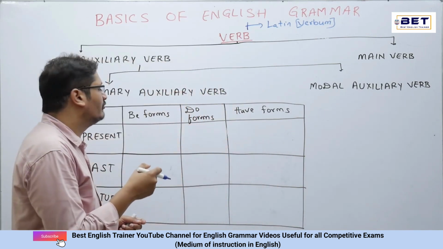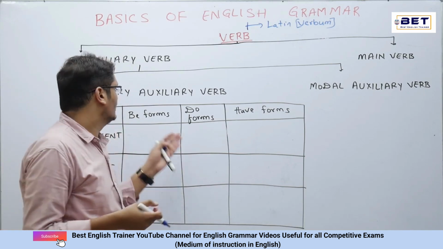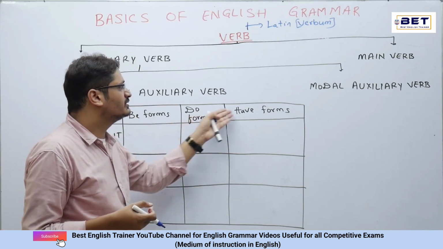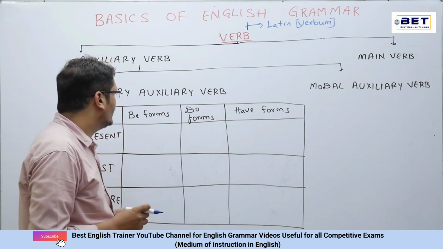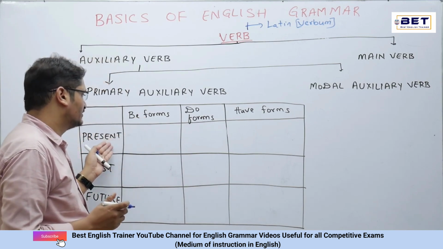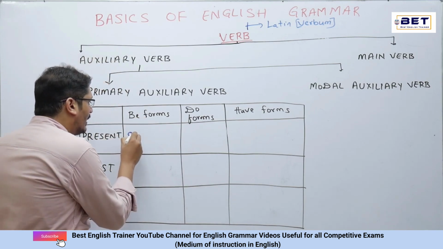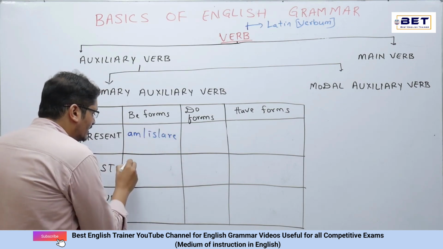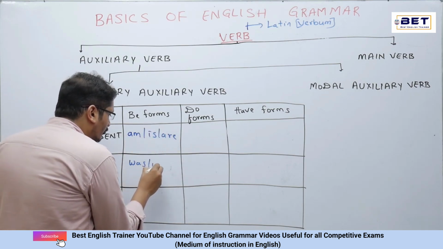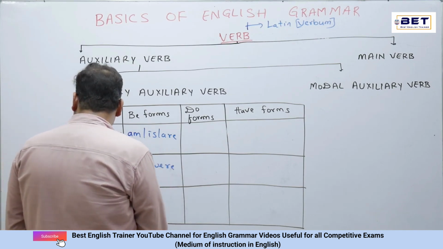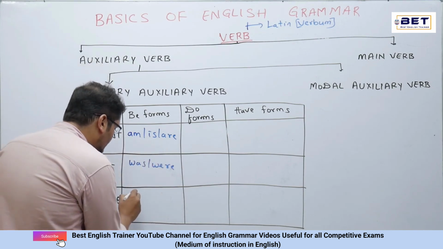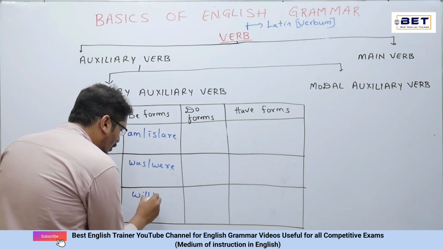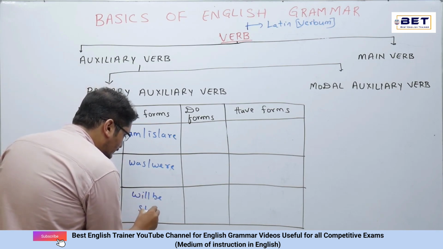This primary auxiliary verb is again divided into be forms, do forms, and have forms. Let's look into the be forms in the present tense. That's altogether am, is, are. Be forms pertaining to the past tense are was or were. Be forms pertaining to the future tense are will be or shall be.